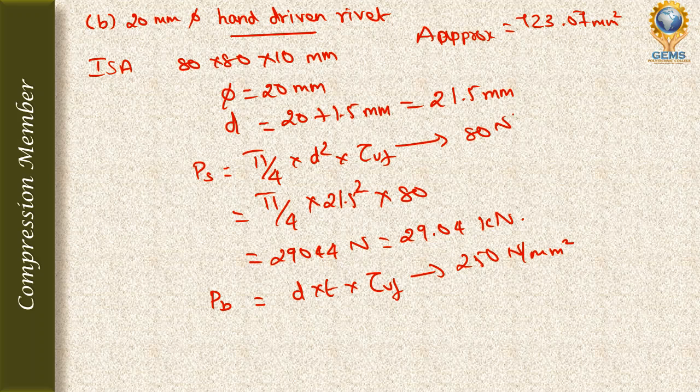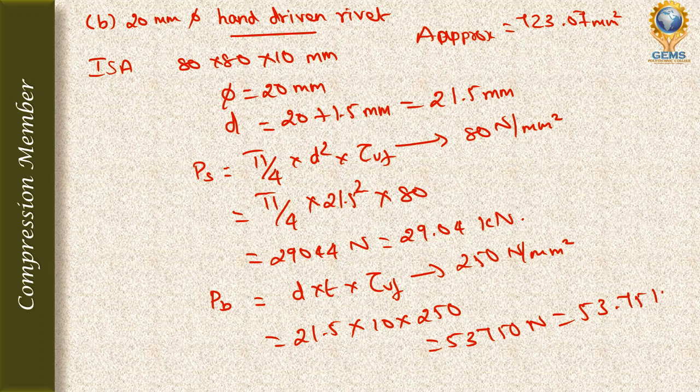D is 21.5, t is the thickness of the thinner connected member, so 10, into 250. It comes as 53,750 Newton or 53.75 kilonewton. So RV, the rivet value, is the lesser of the shear strength of the rivet in single shear and the strength of the rivet in bearing. Here our RV value is 29.04 kilonewton.